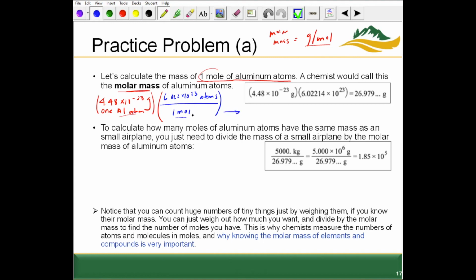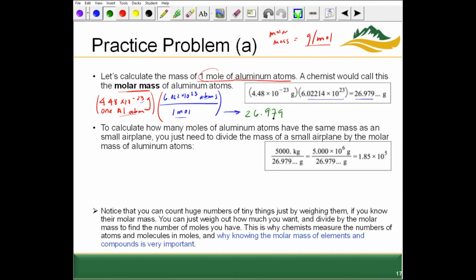So when we do this calculation, we're going to take 4.48 times 10 to the negative 23rd times 6.022 times 10 to the positive 23rd. Be sure to use parentheses here in calculations like this, especially keeping this whole value together.